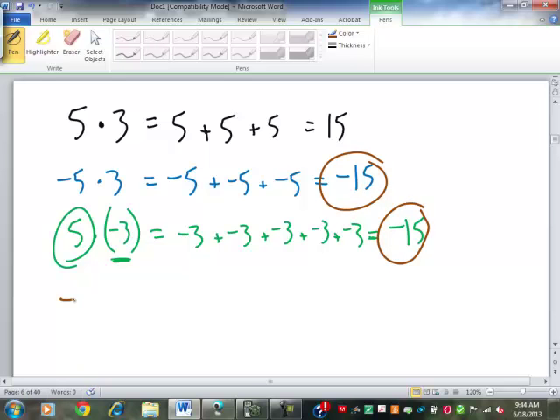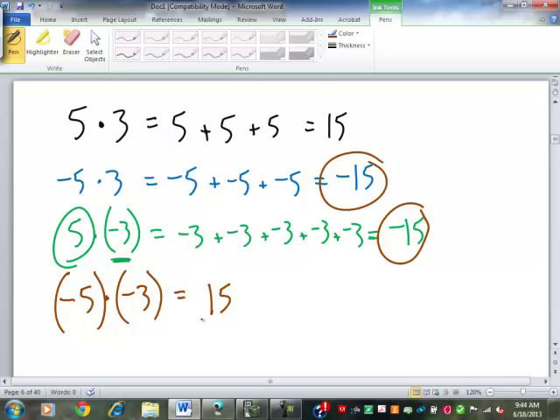This next one, negative 5 times negative 3. Again, your book would probably put parentheses around it like that, maybe even like that. We all know what the answer is because we've been taught that a negative times a negative has to be positive, right? Negative 5 times negative 3 would be positive 15.